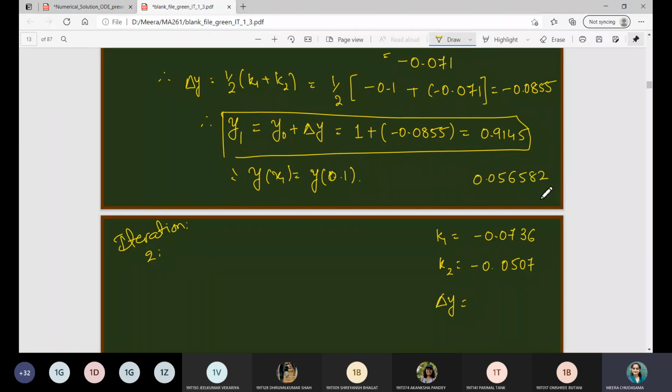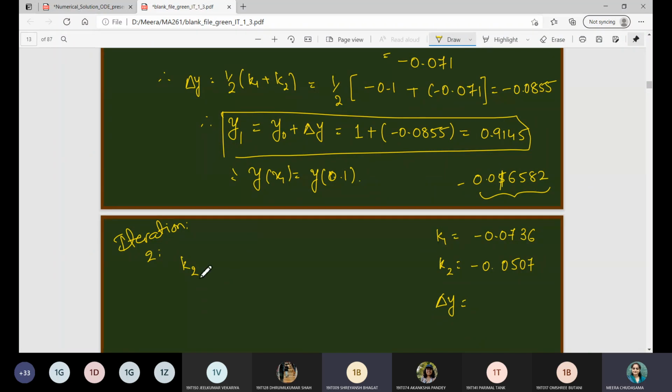This one you are saying? Ma'am, minus 0.065. It means you have made a mistake somewhere over here. For K2, I am getting minus 0.05071.